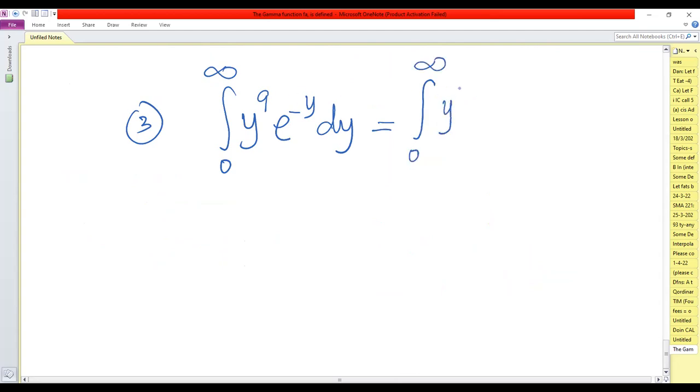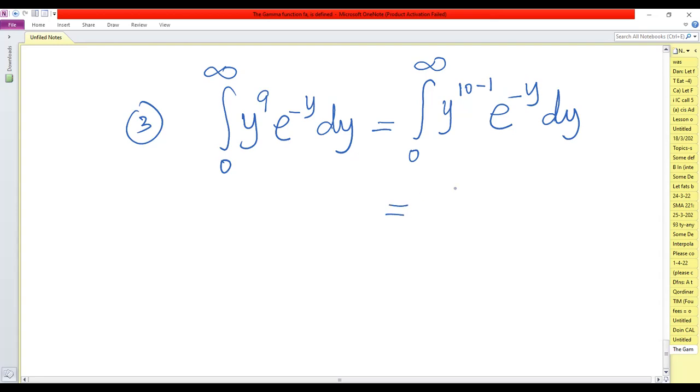Now 9 can be written as 10 minus 1, e raised power negative y dy. The reason I'm writing 9 as 10 minus 1 is to ensure that I have the structure of the general definition of the gamma function, so that then I can use the two properties we have stated in the previous problem.